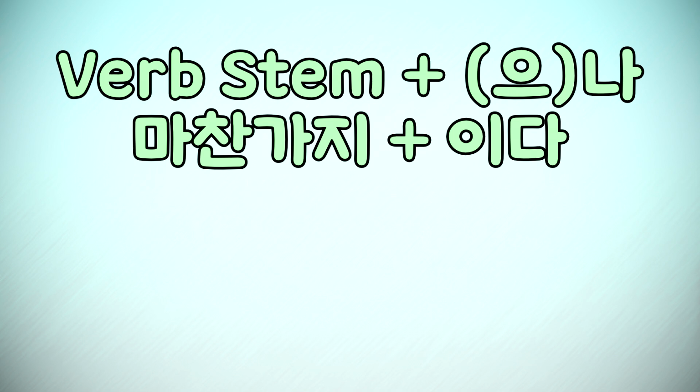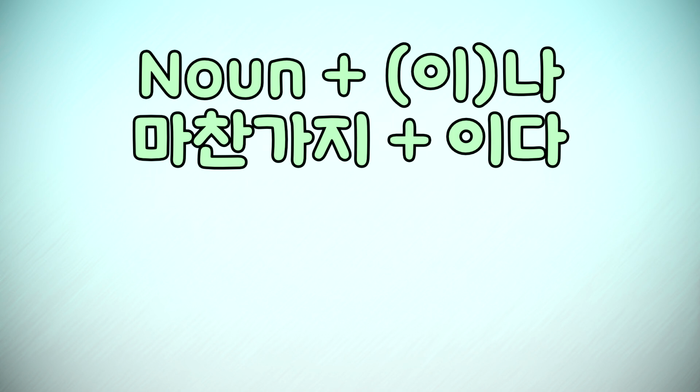There's one more common way that this form is also used. It's also often used specifically like this, but with a noun and the verb 이다, meaning to be. And the form looks like this. Now, it's the same form we just did, but since we're using the verb 이다, we're left with 이나 after a noun that ends with a consonant, or just 나 after a noun that ends with a vowel.